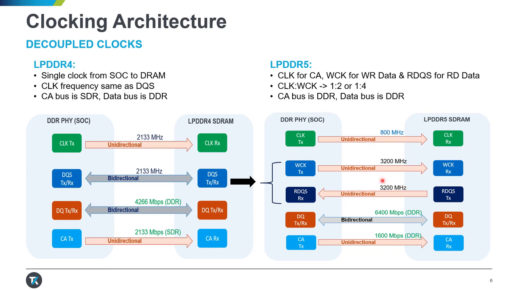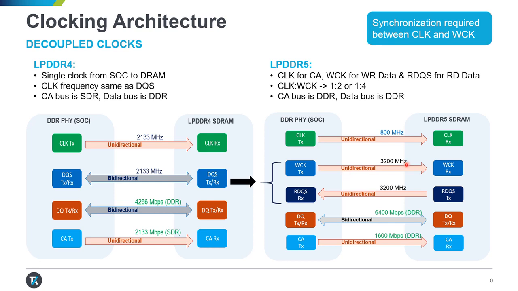So let's just take an example like what we have right now. For a max data transfer of 6400 megabits per second, a write clock is running at 3200 megahertz. That's the max speed defined in LPDDR5. Now, since you have a separate clock for CA and separate write clock, these two are synchronized and they operate in a ratio which can be 2:1 or 4:1.